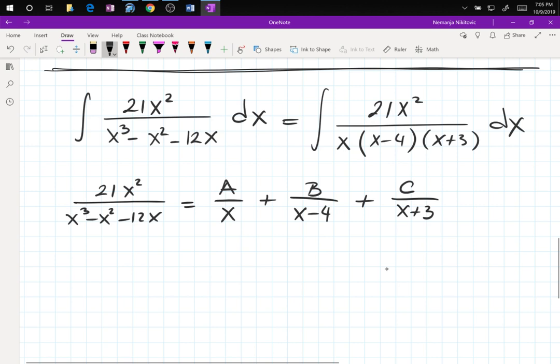So, yes? Can you cancel one of the x's before you go into decomposition? You can. 21x over x minus 4. You can. And now you can't. Right? All right.